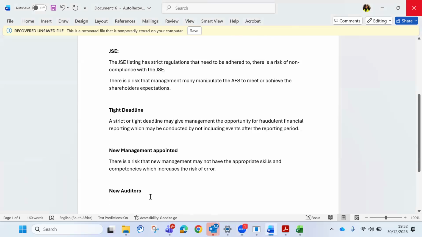So you find that you are new auditors, and you being the new auditors may give management an opportunity to manipulate.